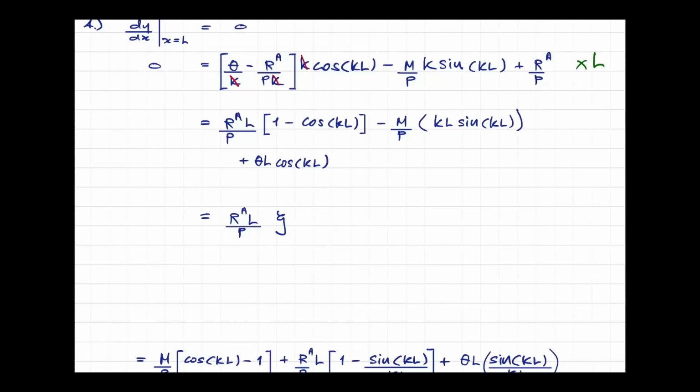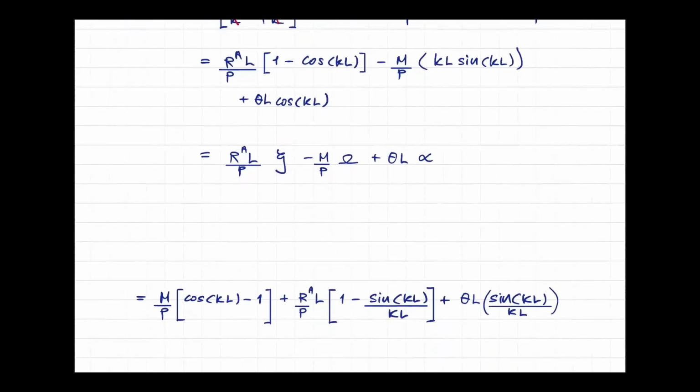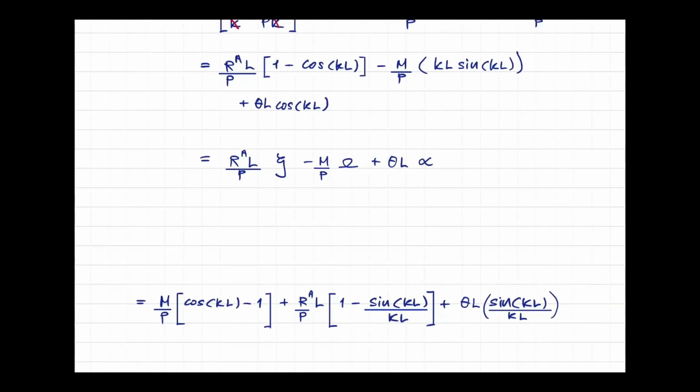Okay, so this stands for 1 minus cosine, and then minus M over P omega plus theta L. So the M over P is given by 1 over omega.